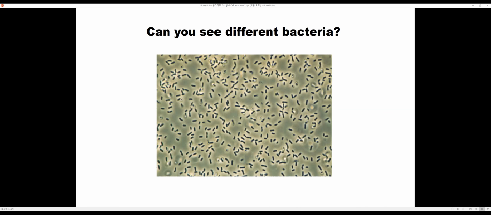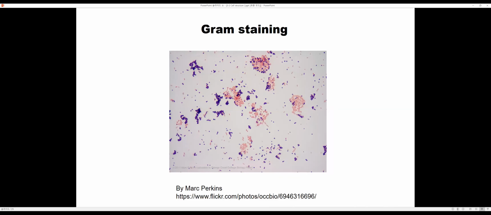And if the sample is a mixture of different kinds of bacteria, sometimes it's not easy to distinguish which one is which. So about a century ago, there was a scientist named Gram, and he found an interesting staining material. He used some magic solution which stained different bacteria, with two kinds of staining.